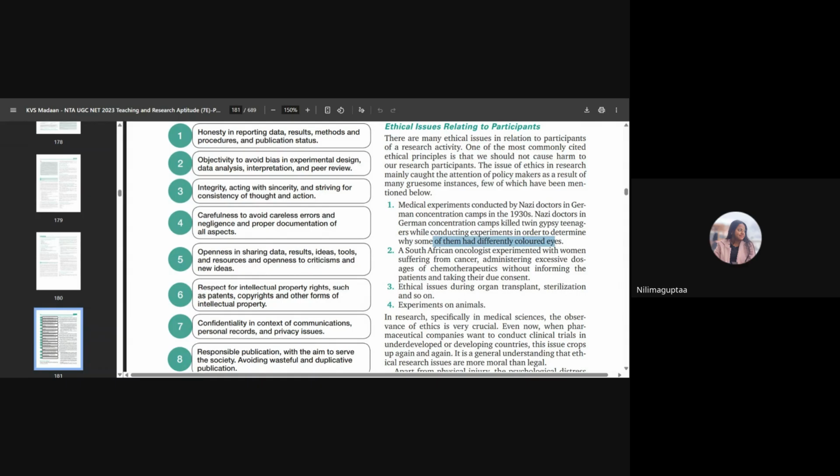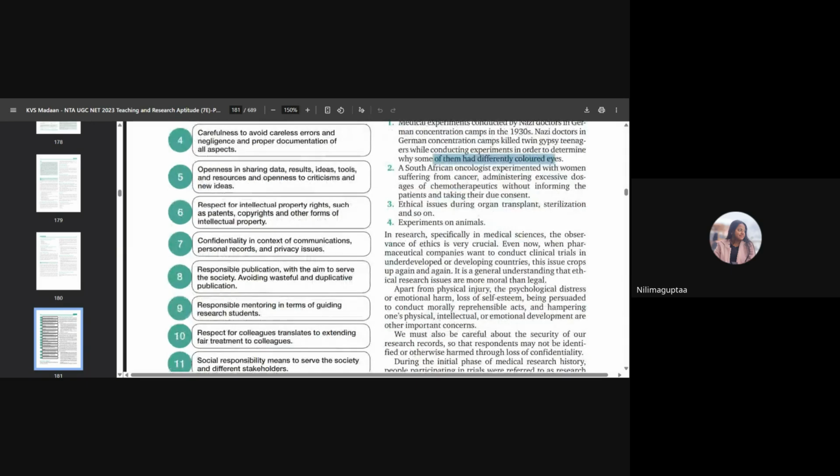But there are many such research studies conducted worldwide, mostly scientific or psychological research where human beings have been involved, and while conducting the research people have died or been killed. That is an ethical issue in research. Then there are experiments on animals.